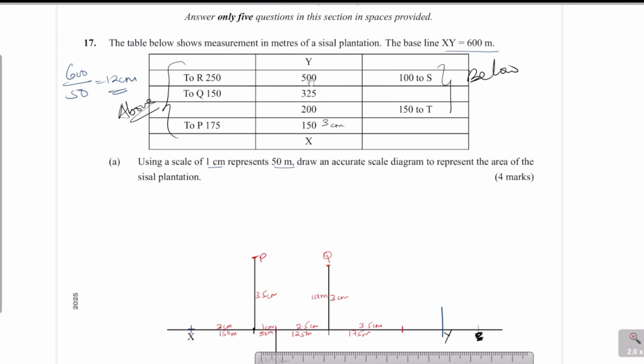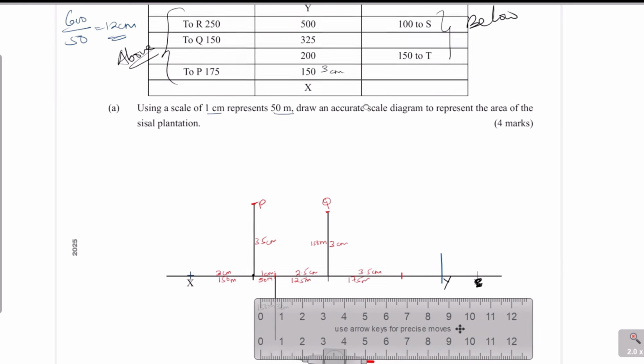So now at these 500 to the right, you'll go 100 to S. So 100 divided by 50 is 2 centimeters. I'm sorry for that. So we measure 2 centimeters below.